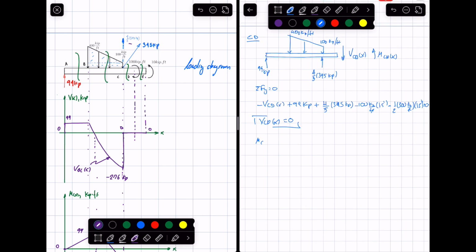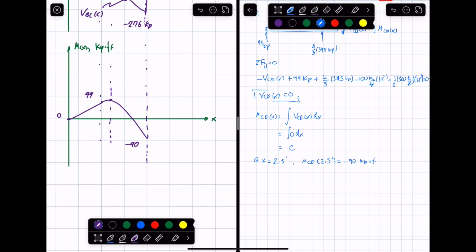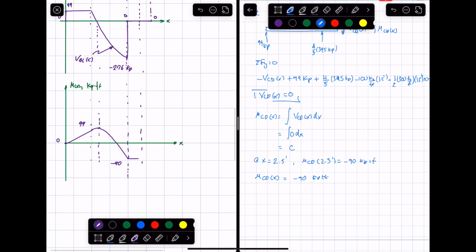If we sum the moments for the bending moment in section CD, we get a constant, which continues from minus 90 to the next discontinuity.